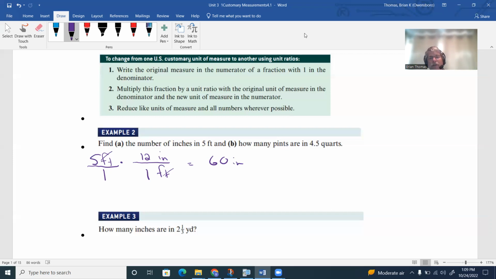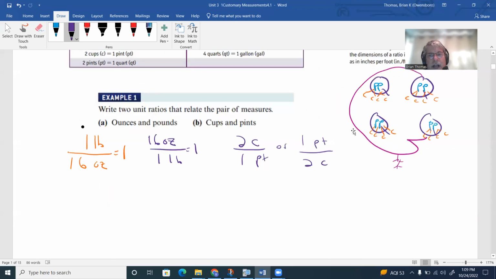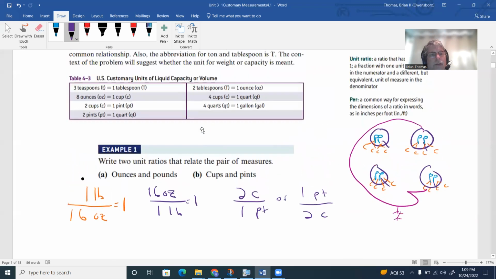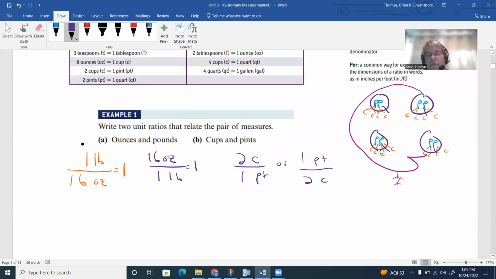How many pints are in 4.5 quarts? So to do this conversion, we start with the 4.5 quarts. And we put that over 1 to make it a fraction because we're going to multiply by unit ratio. Now, pints and quarts, again, I can use either gallon man or our table. Notice how it says 2 pints per quart, or we see that there's 2 P's in a Q, 2 pints in a quart.